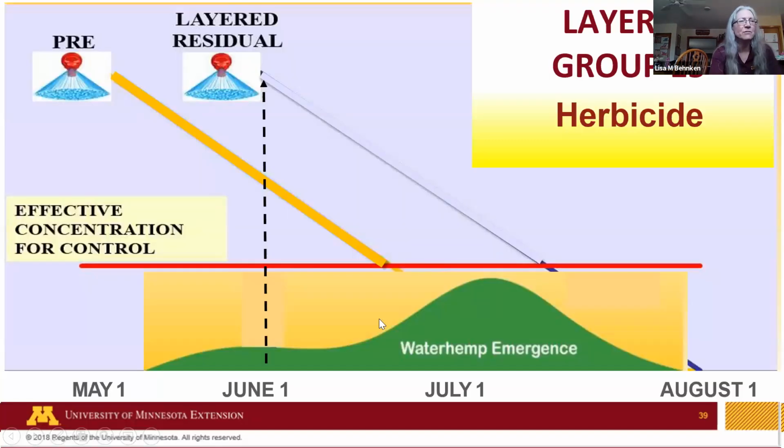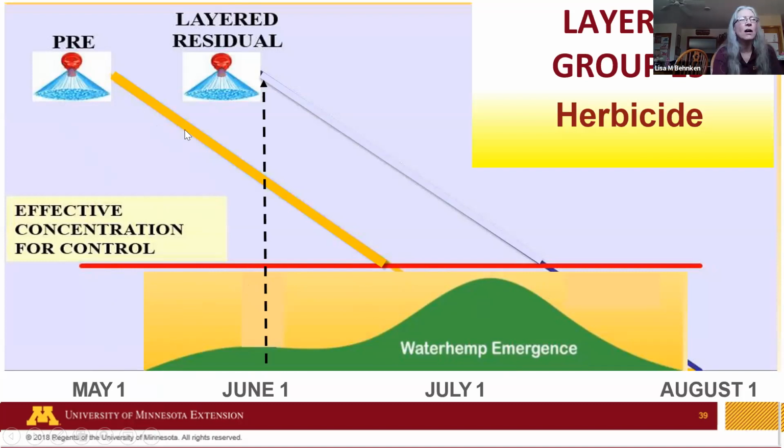When we think about giant ragweed and lambsquarters, we talk about this early emerging over here. But our waterhemp and our Palmer amaranth take that entire season, peak in mid-July, and then taper well into the end of July, and we'll see it coming through in August. What happens with our good pre-programs is they are working for us on this early end, but there's a point where we don't have enough concentration in the soil to catch this peak.